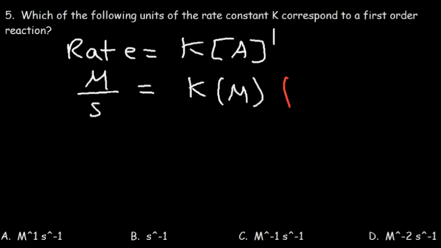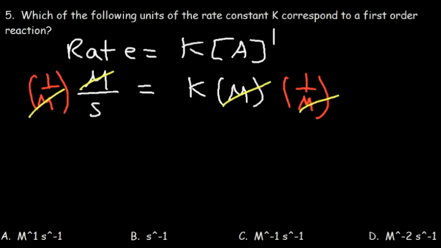So to solve for k, we're going to multiply both sides by 1 over M. So here, M cancels, and the same is true on this side. So for a first order reaction, we have 1 over s, which is the same as s to the minus 1.